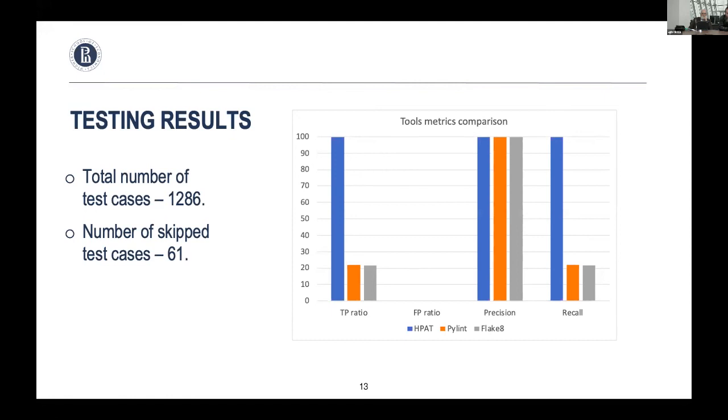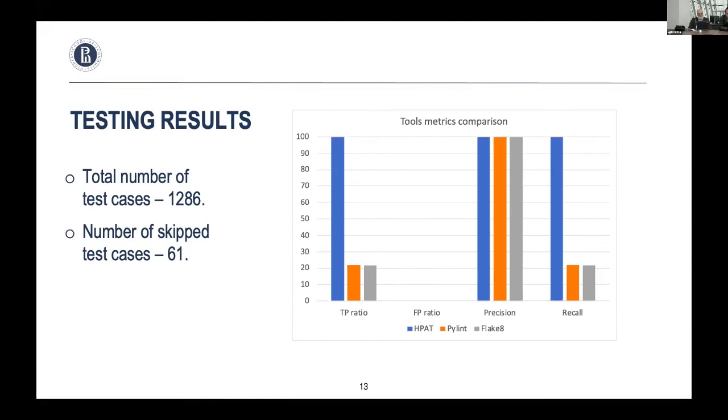That's the first explanation. The second explanation is that our SPAT tool uses not just simple syntax checking, but data flow analysis over Python programs. And that's why some test cases were developed to show situations when we don't expect to find a problem.